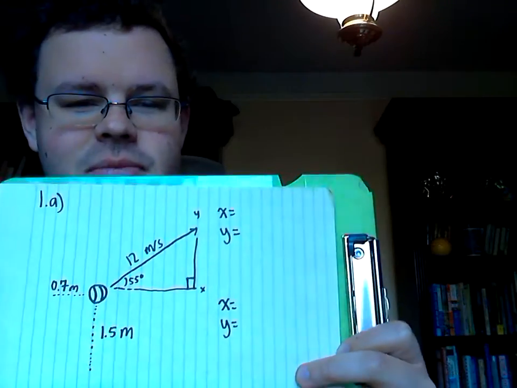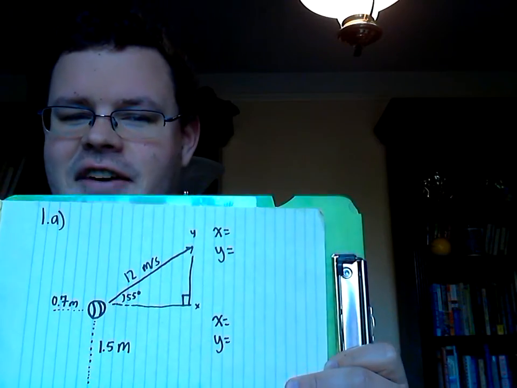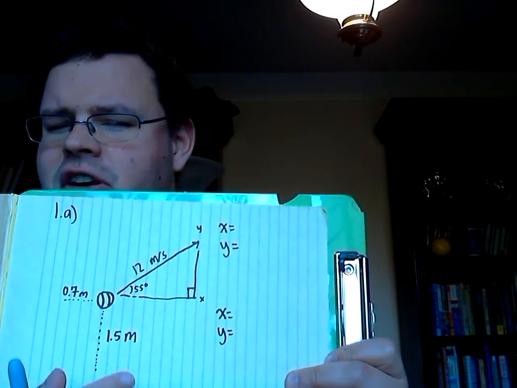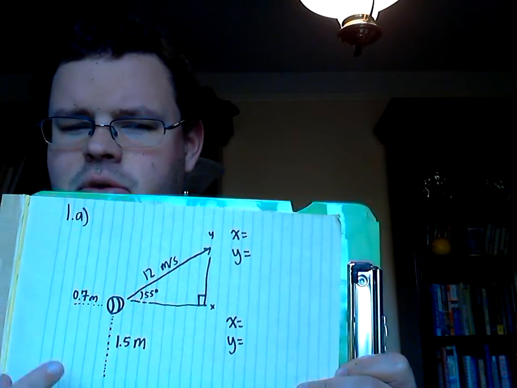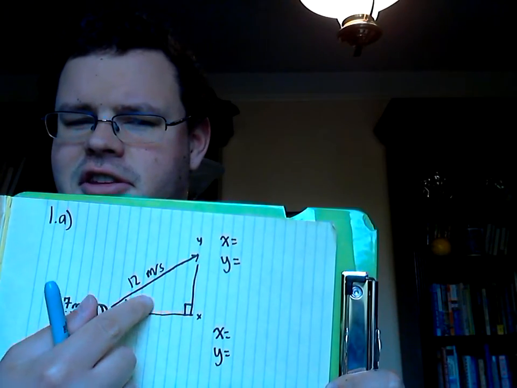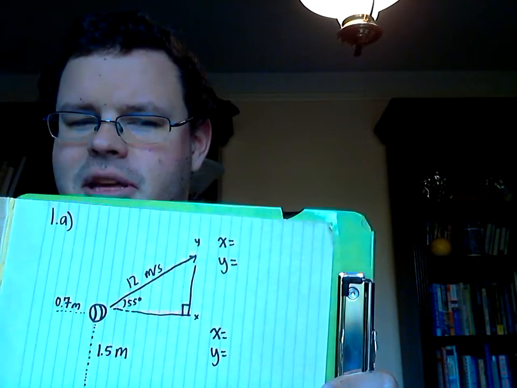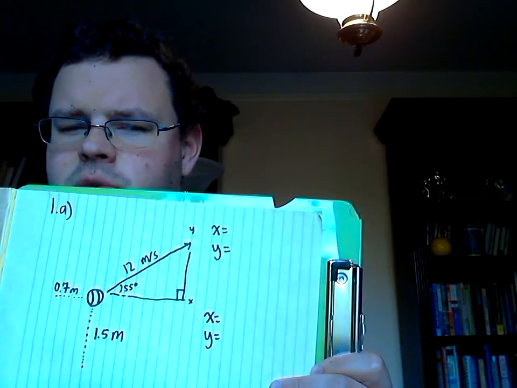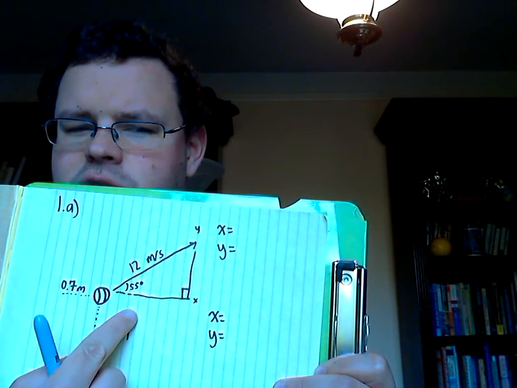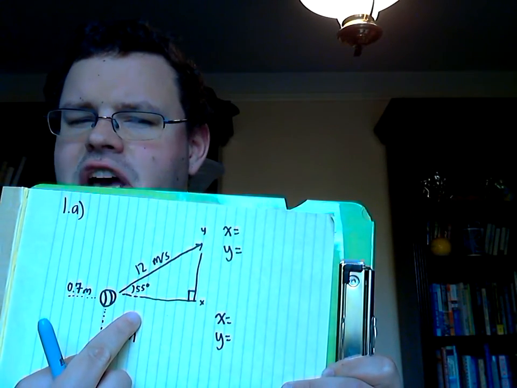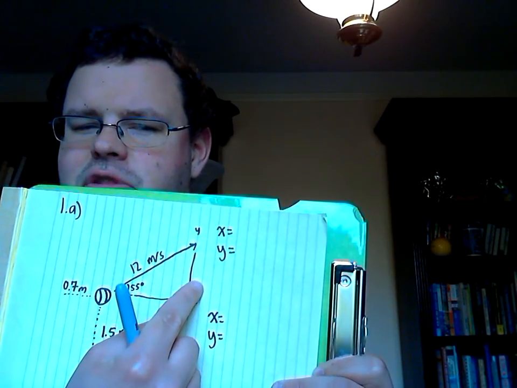Anyways, so we know 12 meters per second at the 55-degree angle. To figure out the x and the y, we're looking for the sides of this triangle, right? The lengths of this triangle represent speed. So we can use some trigonometry here. For the x, we can use 12 times cosine of 55 degrees, and use sine for the y.